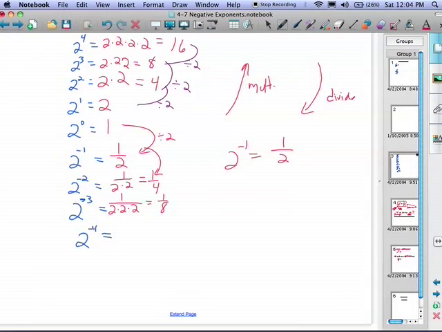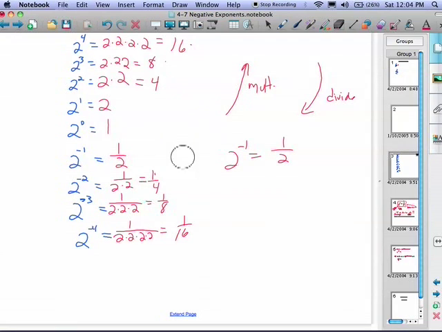2 to the negative 4 power is 1 over 2 times 2 times 2 times 2, 1/16. So you should notice, and I'm going to erase the divided by 2's all the way through our problem, just so we see a big pattern.